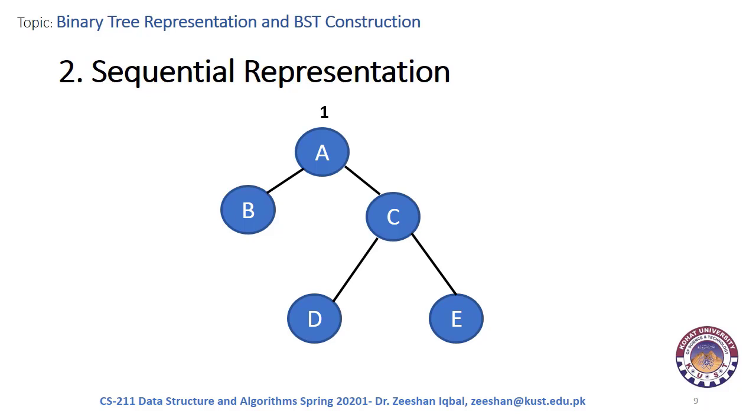A's left child is B, so B will be stored at 1 multiplied by 2, the second index, and A's right child is C, so it will be stored by multiplying A's address with 2 and adding 1. So 1 multiplied by 2 plus 1 gives 3, so C will be stored at location number 3. Similarly, the children of C are stored at locations number 6 and 7. By multiplying 3 by 2, you get 6, and 3 multiplied by 2 plus 1, you get 7.